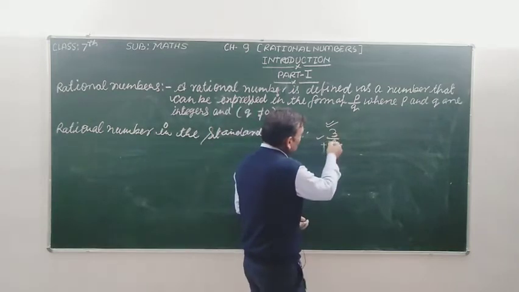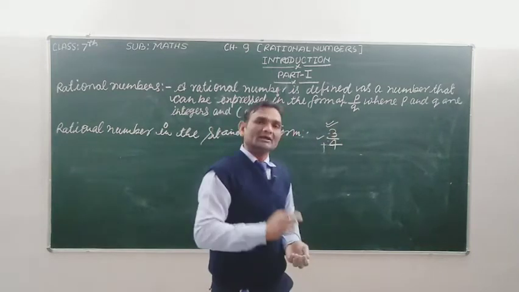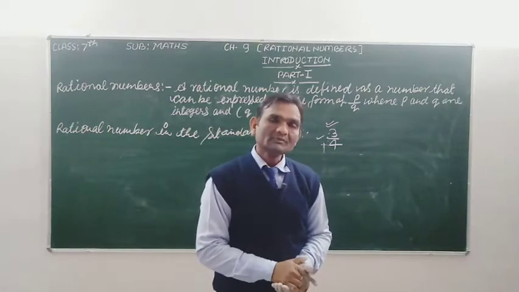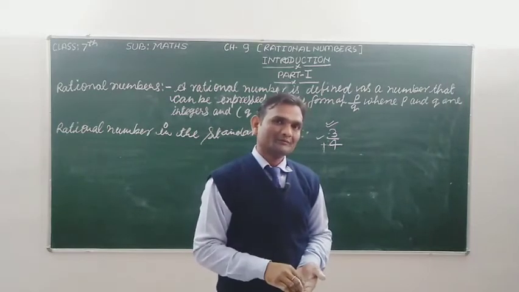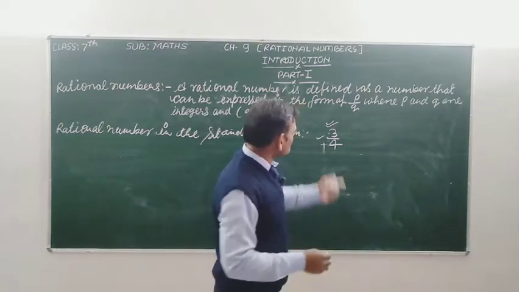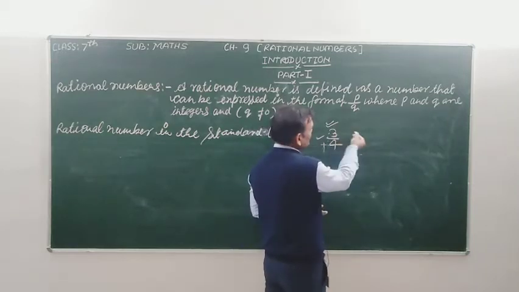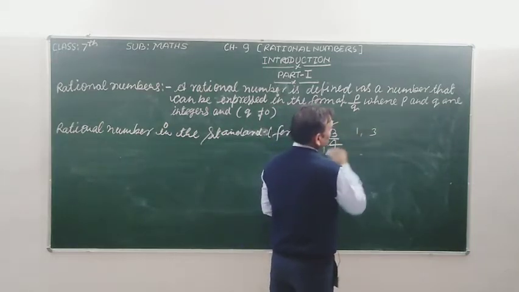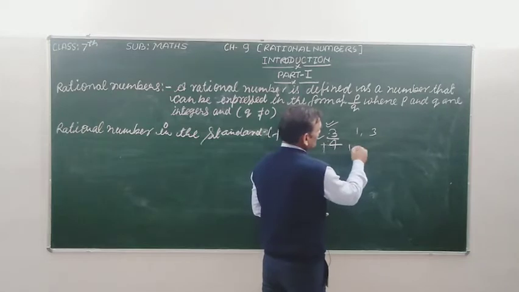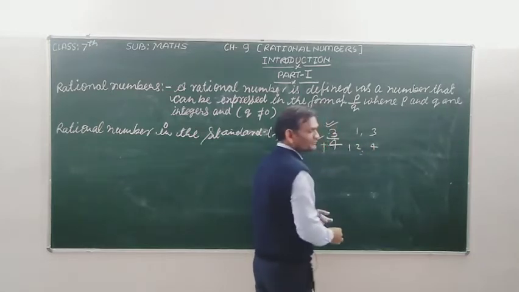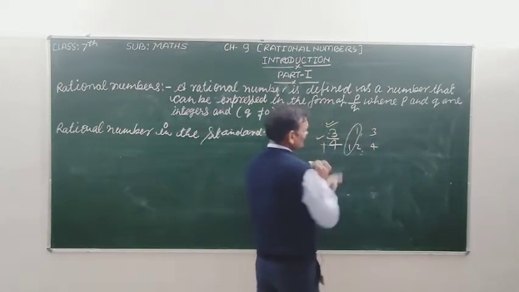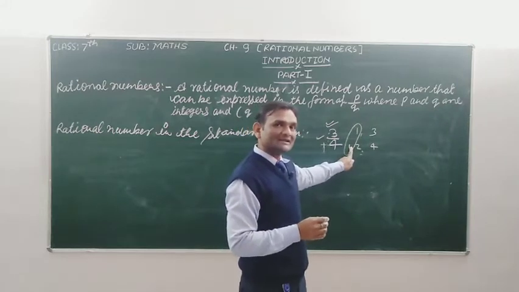3 और 4 का कोई भी कॉमन फैक्टर नहीं होना चाहिए, 1 के अलावा, except 1. So you see, the factors of 3 are 1, 3. The factors of 4 are 1, 2 and 4. So the common factor is 1.